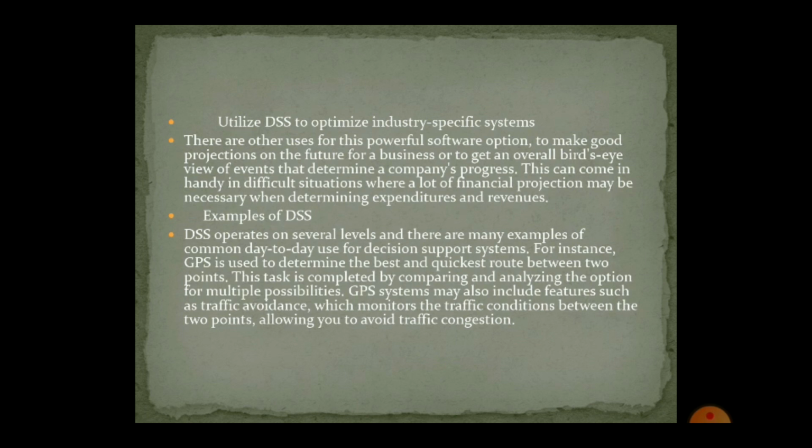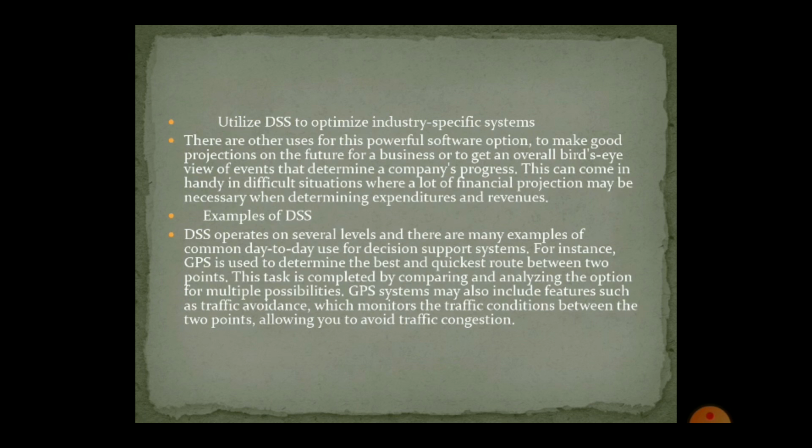Examples of DSS. DSS operates on several levels, and there are many examples of common day-to-day use of decision support systems. For instance, GPS is used to determine the best and quickest route between two points.